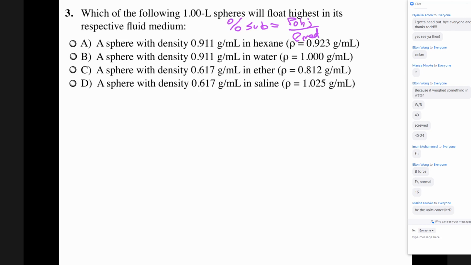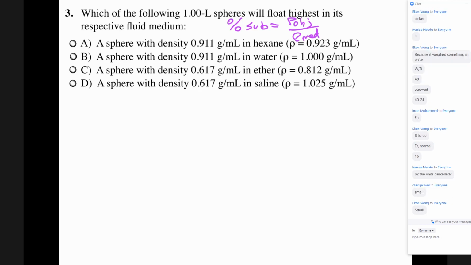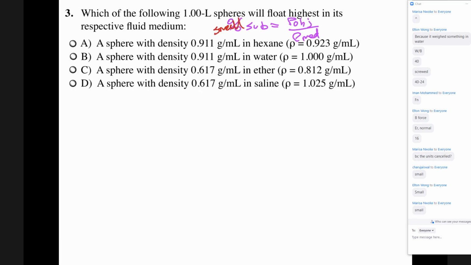So if we want it to float really high, then I want a small amount submerged, which means I want a small density of the object and a large density for the medium. How many agree with that? The denser the medium, the higher you float.